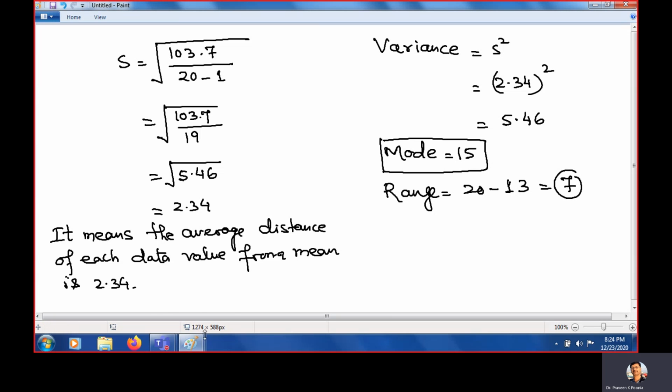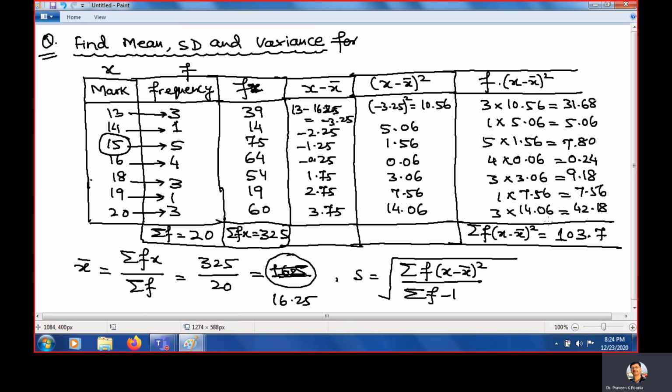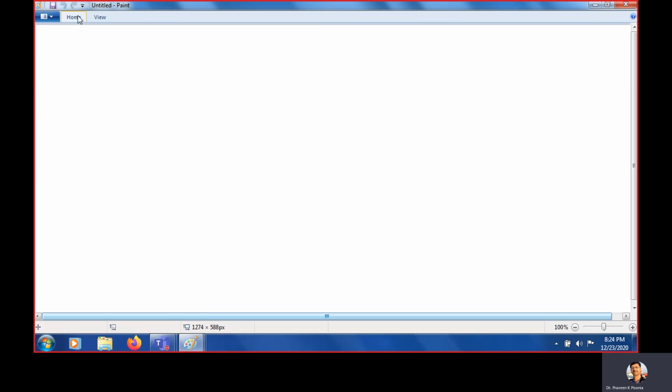But for the median, you need to arrange these numbers in ascending order. Ascending order means a small number first and then the big number. Because there are 20 numbers, 13 is coming 3 times, so you need to write 13 three times. Then 14 is 1 time.